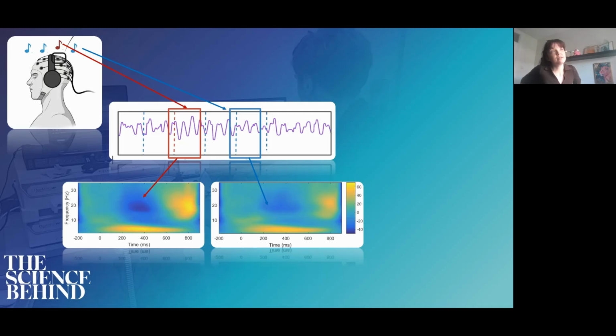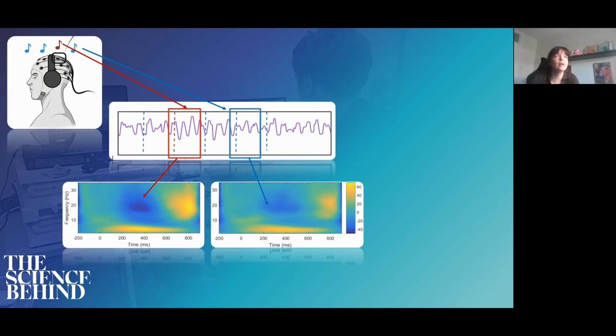For example, you could break that signal down to look at all the different frequencies in the signal, and then look at whether certain frequencies, which represent certain aspects of neural communication, become more potent or less potent as someone's doing the task. So in this picture, the blue areas represent where an oscillation has become less potent while someone's listening to the tone, and the yellow represents where an oscillation becomes more potent.